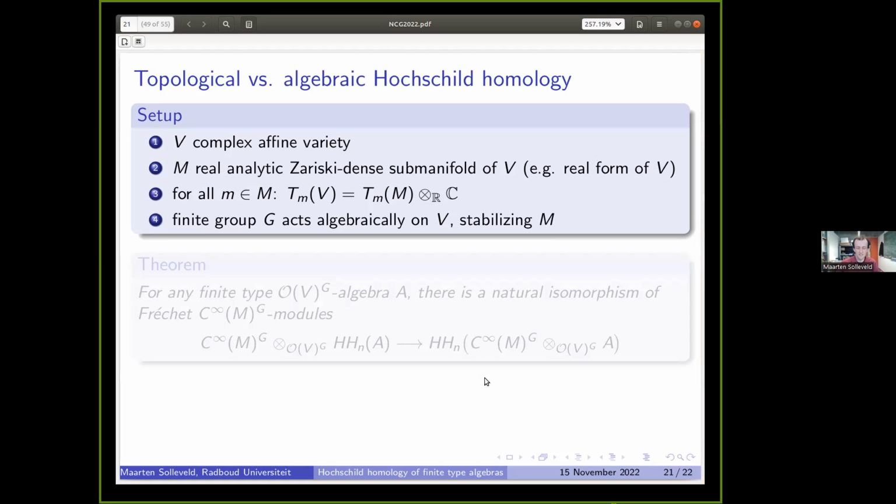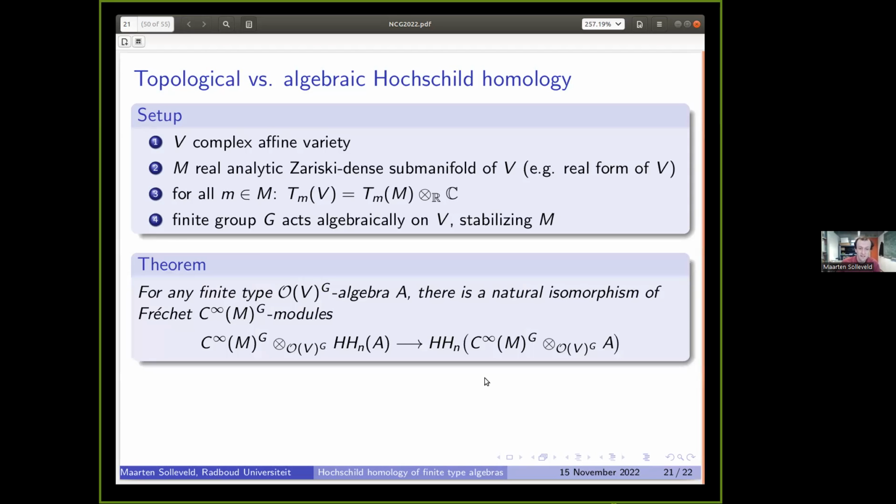So now let's apply this to Hochschild homology. I know that this functor of tensoring with smooth functions over regular functions is an exact functor, and then you can apply it to finite type algebras. You need at some point to use that you have finite type, or you need projective resolutions of finite rank, and then you quickly get the result that the functor of tensoring with smooth functions over regular functions commutes with the functor of Hochschild homology.